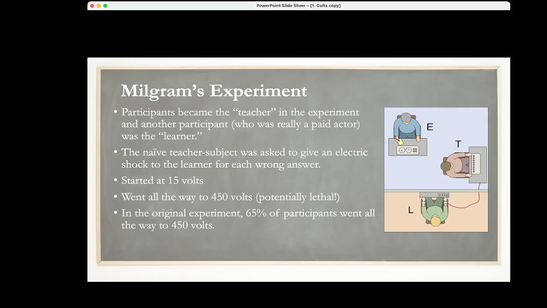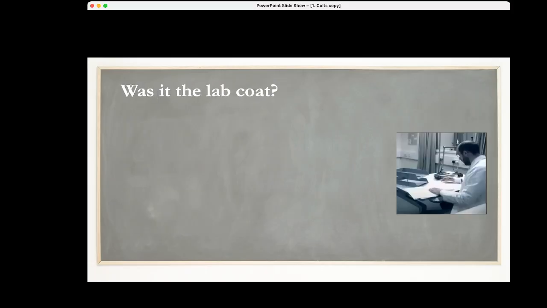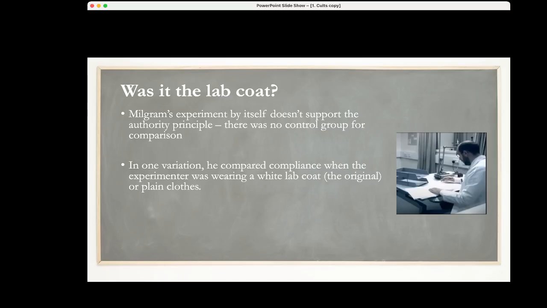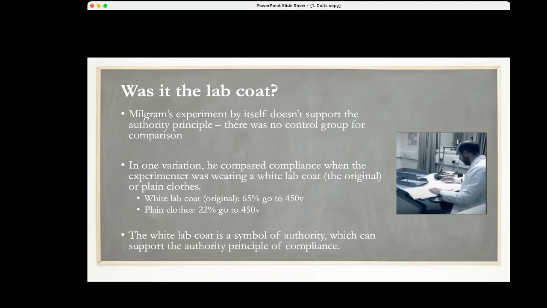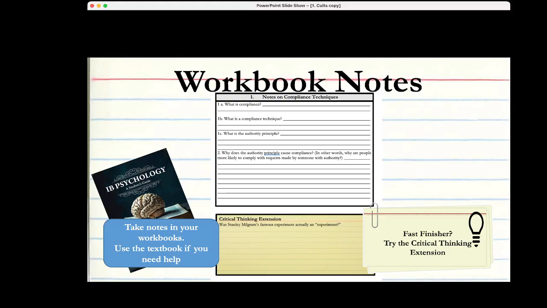Is it the voltage? Is it say yes? Maybe. But anyway, it's a simple variation of the plain clothes. It took me ages to find the original statistics on that because it's buried in his book, not a study. 22% it goes down to when they wear plain clothes. So this gives us something nice to compare and say, look, it's the symbol of scientific authority. Could be why people kept pushing the buzzer.